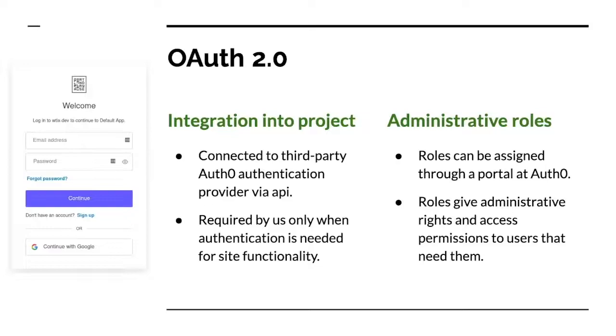The authorization is only required in areas of the website that would need to have a user associated with things like ticket sales or administration of shows, these types of things. When authorization is required, it will open up a login screen on the Auth0 website, and the person can register their email address with a password, or they can log in with a Google account.